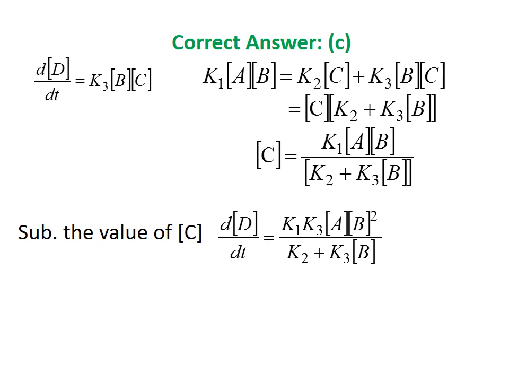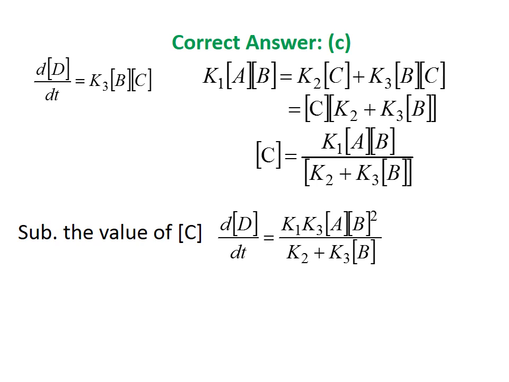First you apply d[D]/dt equal to K3 into concentration of B into concentration of C. And you know very well, C is an intermediate. The rate of formation of the intermediate will be equal to the rate of disappearance.